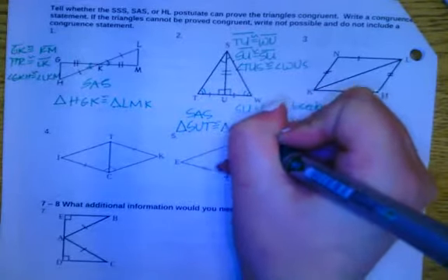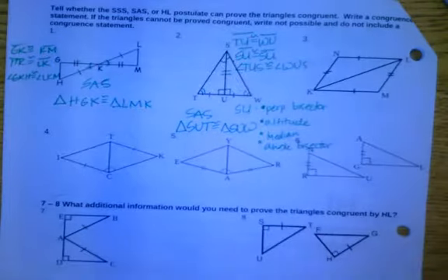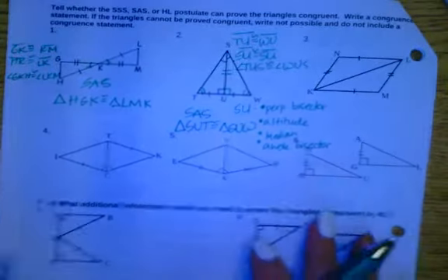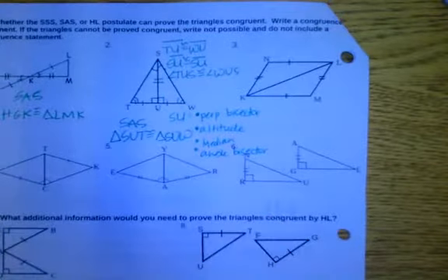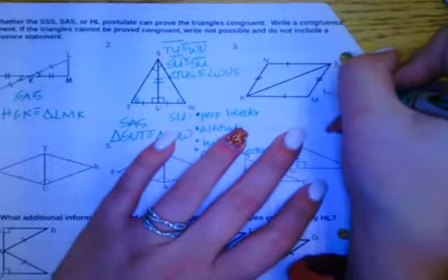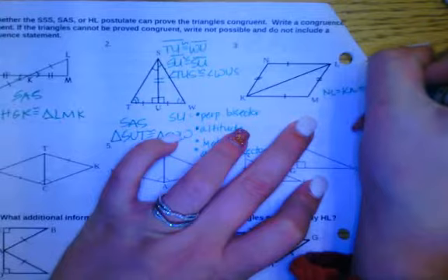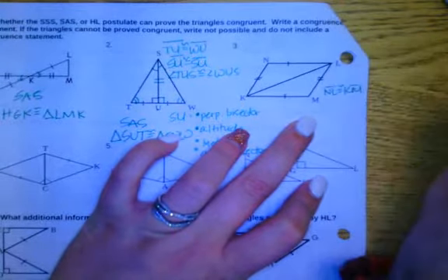Okay. Number 3. What do we know? NL is congruent to KM. NK is congruent to LM. And what else do we know?